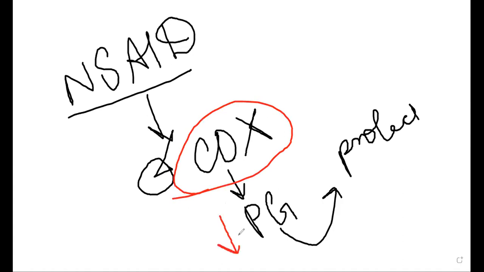As a result, prostaglandin will be reduced, so the protective action of prostaglandin for the stomach mucosa against the acid in the stomach will not work. That is, the protective function will be lost. As a result, the stomach will be more prone to ulceration.